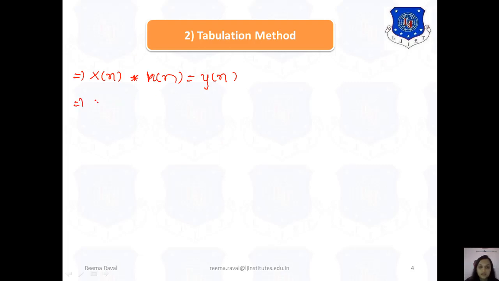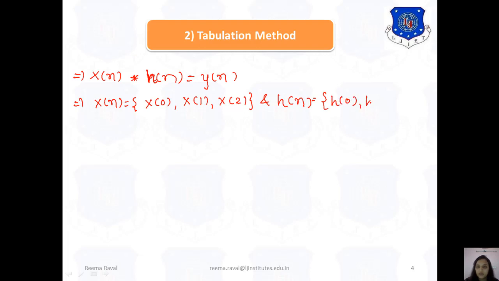So let us consider that x of n has three values, x of 0, x of 1 and x of 2, which can be any values given to you, and at the same time h of n equals h of 0, h of 1, h of 2. Again three values given to you, right?